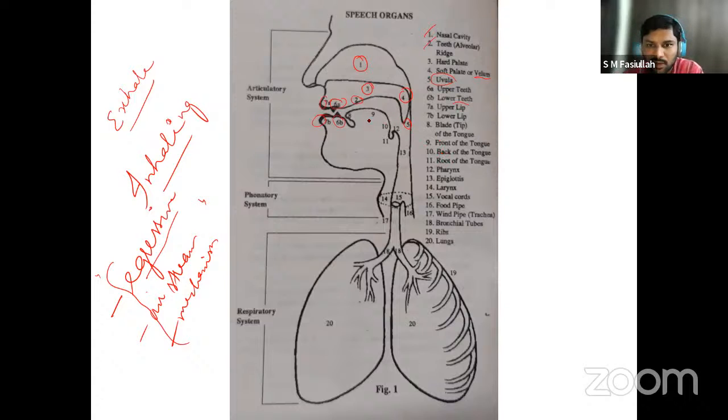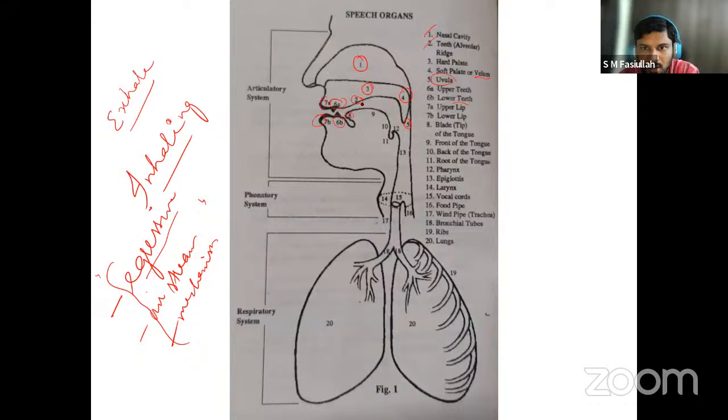So then after that, what you have? Blade. What is this? This entire thing, right from here till here, what is this? This is tongue, right? So you have different parts of a tongue.